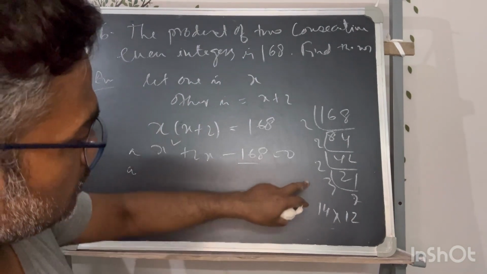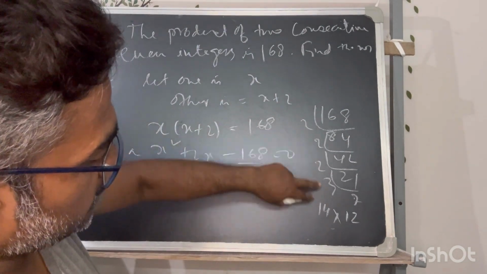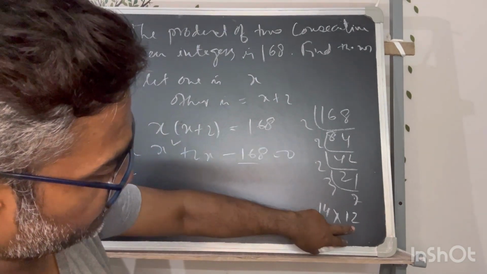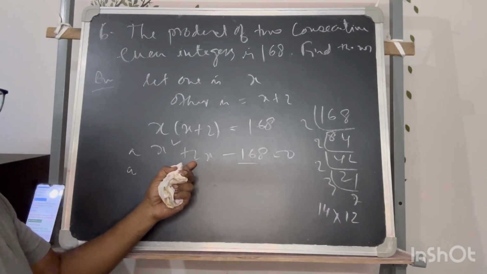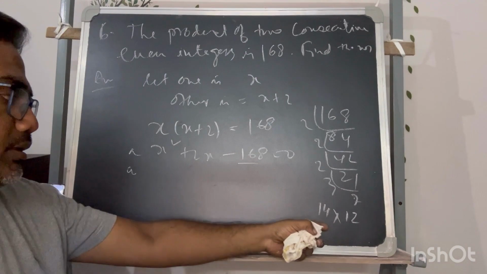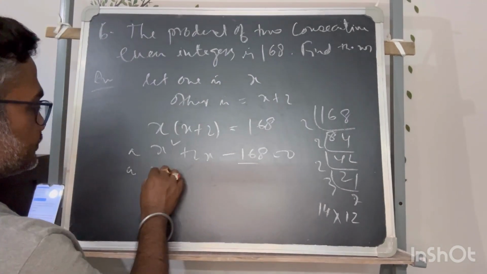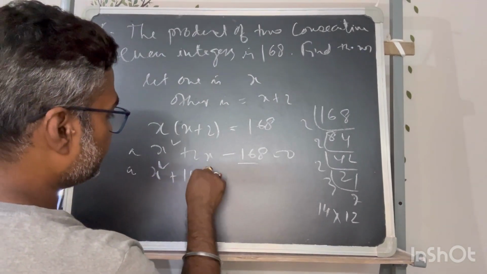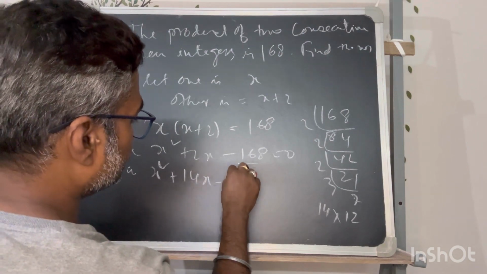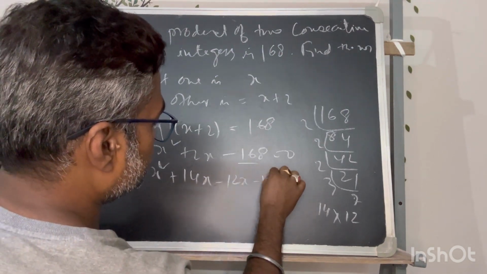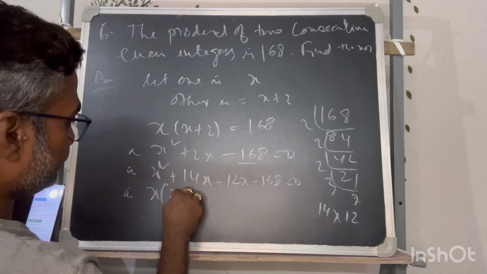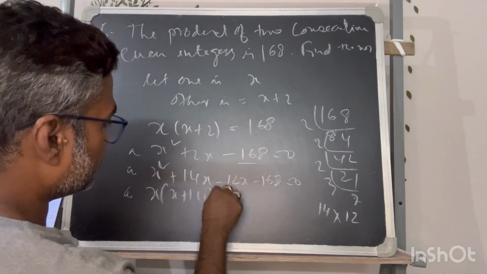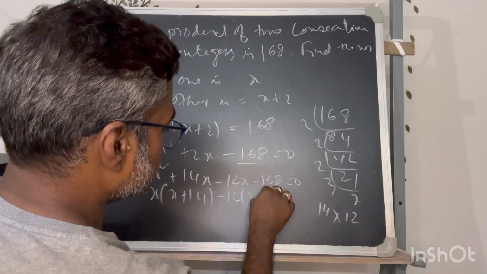Other than this, we won't get any pair of factors whose difference is 2, because our aim is to get such a pair of factors. So this you have to practice at home so that you can master it. If you do several problems, definitely you will find yourself comfortable solving this.